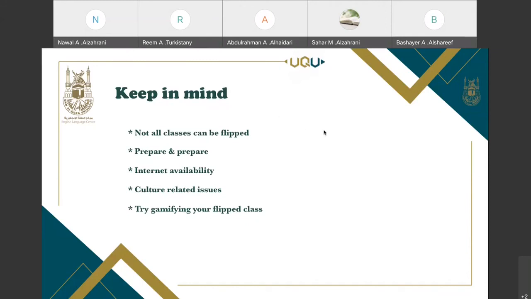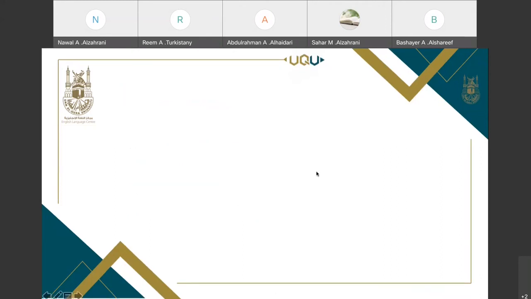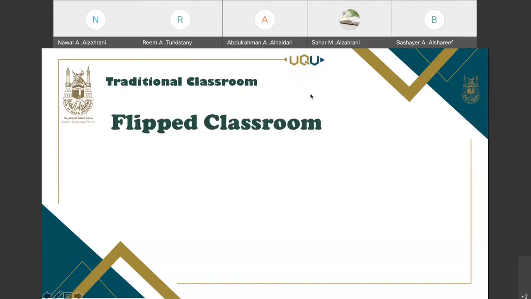Okay, and here, by the end of this session, we talked about traditional classrooms and how they were compared to the new methods of teaching or approaches like the flipped classroom. And we also introduced the history of the flipped classroom and how it started.